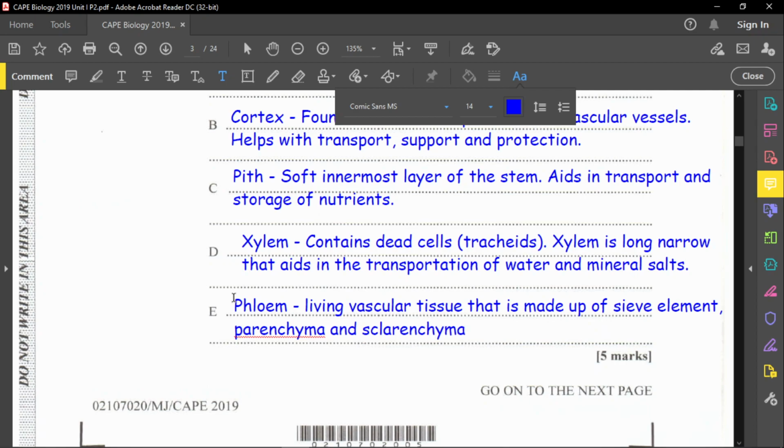Very important. Also, if you want to add this, it transports plant food, in the form of sugars, and the sugar is sucrose. The process by which food is transported through the phloem vessel is called translocation.